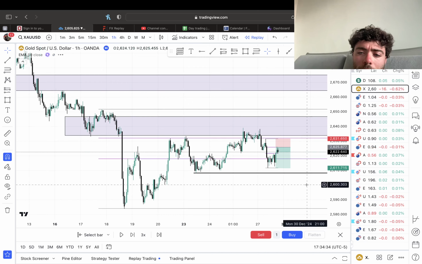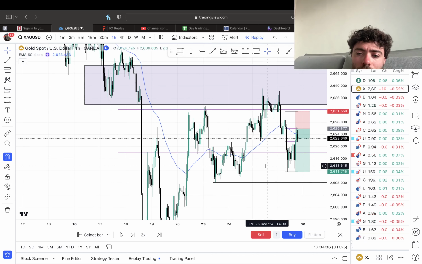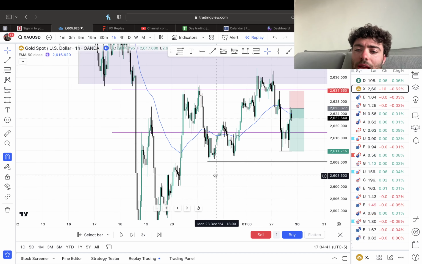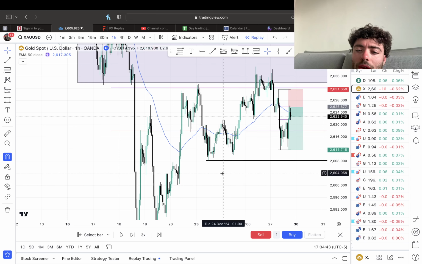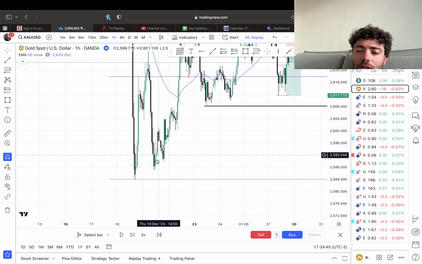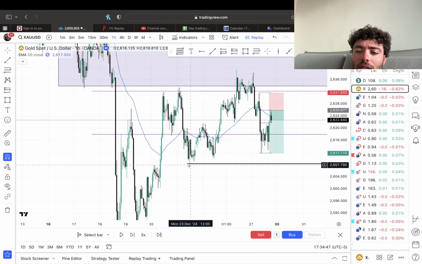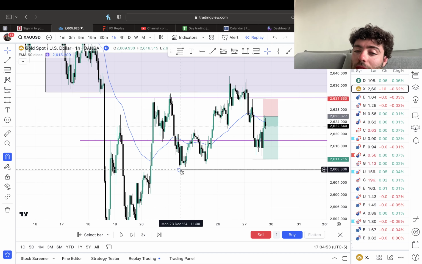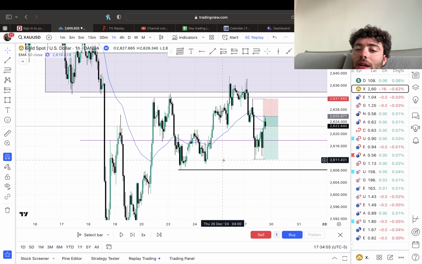So what do I do? I mark out lows. Look at how this low and this low never got tapped, right? We never broke these lows. Also these down here. But I'm just going to focus on the most prominent one, right? So what do I see? I see a low here, haven't swept it.